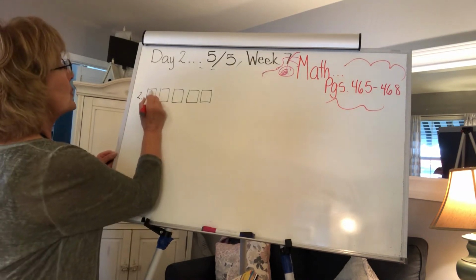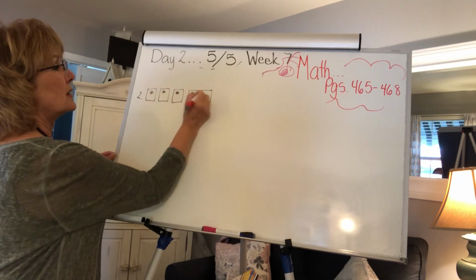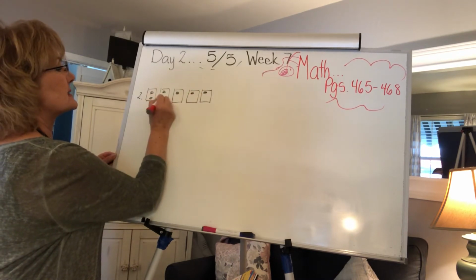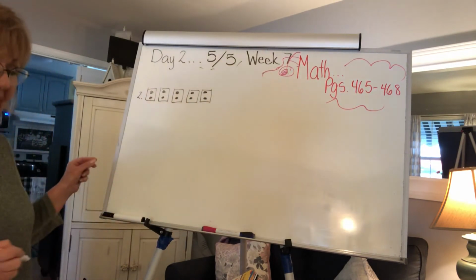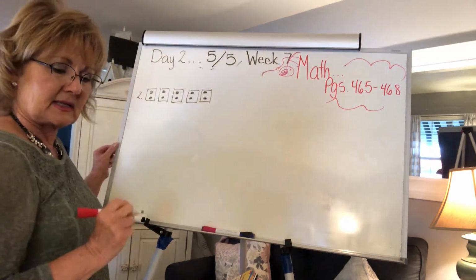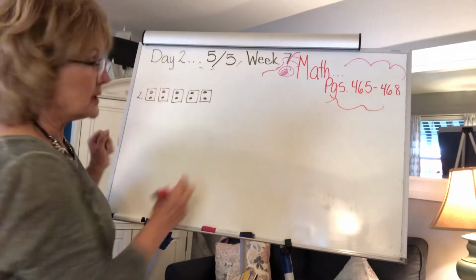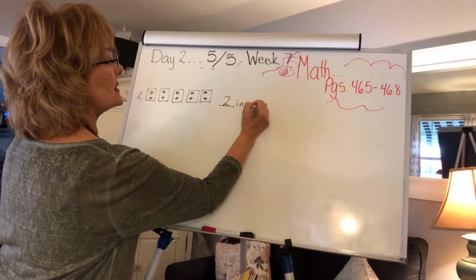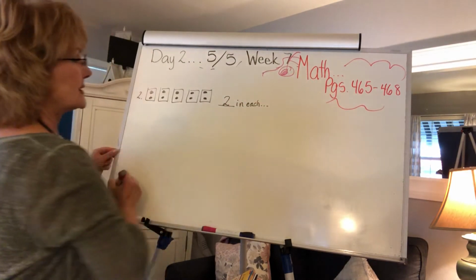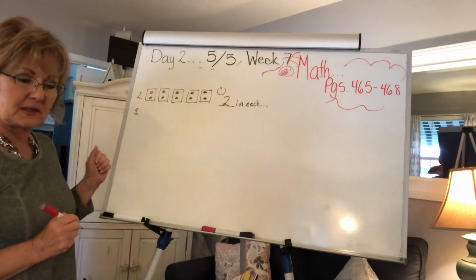Did you go 1, 2, 3, 4, 5, 6, 7, 8, 9, 10? Is that what your picture looks like? I hope so, because 10 divided equally into 5 groups will equal what? 2 in each group. So give yourself a smiley face if you got number 2 correctly.